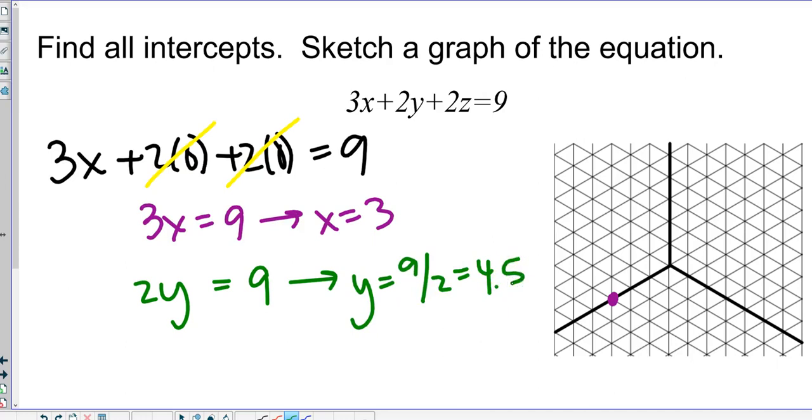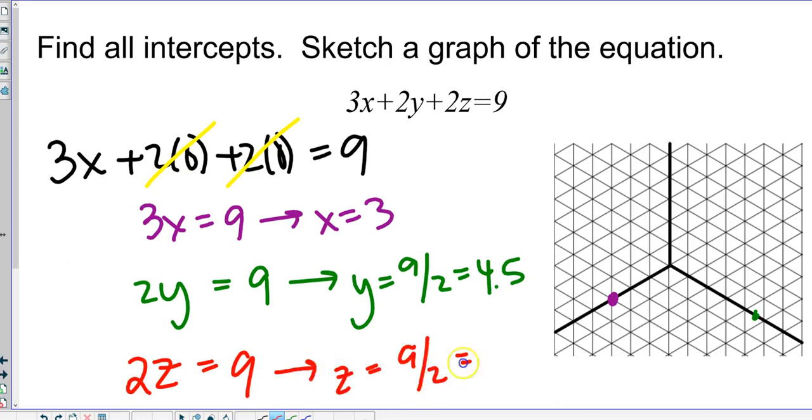So 1, 2, 3, 4. There's my y-intercept. For z, again, take off the x and the y, so you get 2z equals 9. In other words, your z-intercept is that same 4.5. So up here.